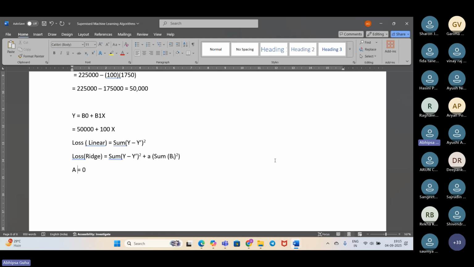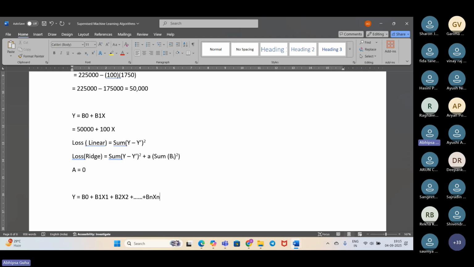In simpler form, the equation is b0 plus b1 x1 plus b2 x2 plus dot dot dot till bn xn.